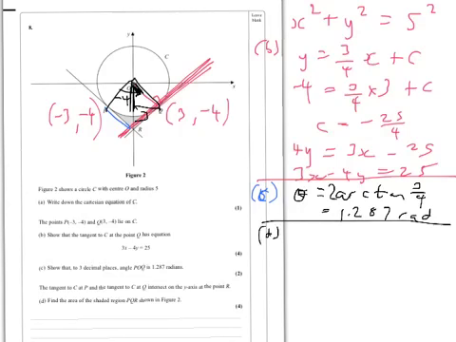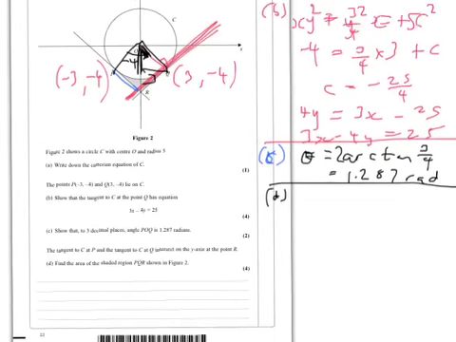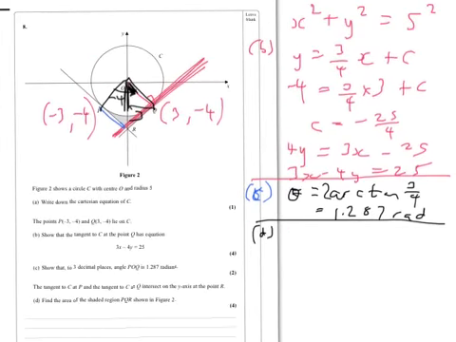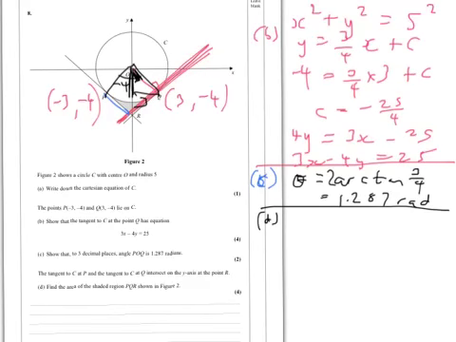Now part D. The tangent to C at P and Q intersect at R. Show that the shaded area is whatever they're saying it is.